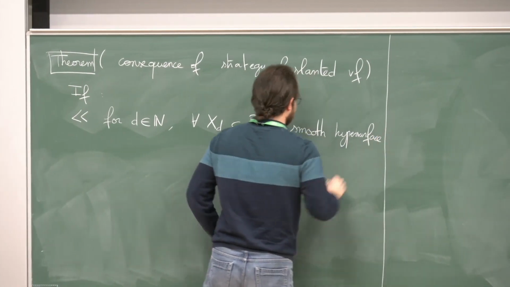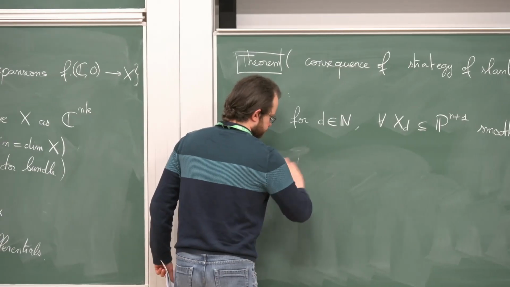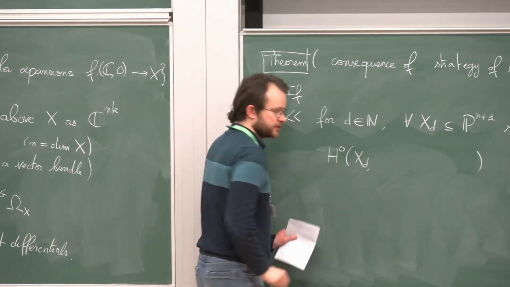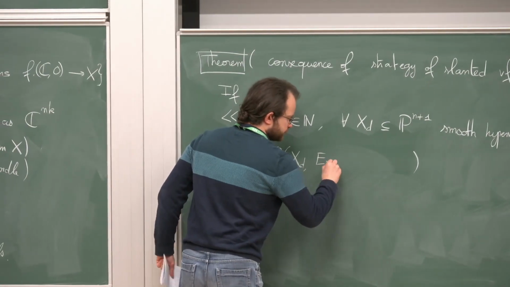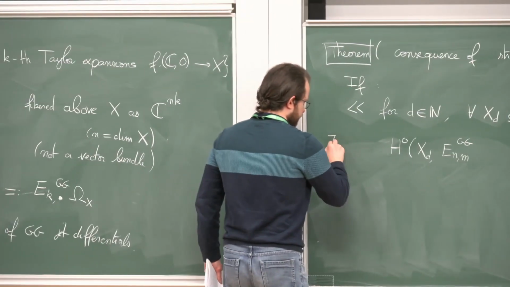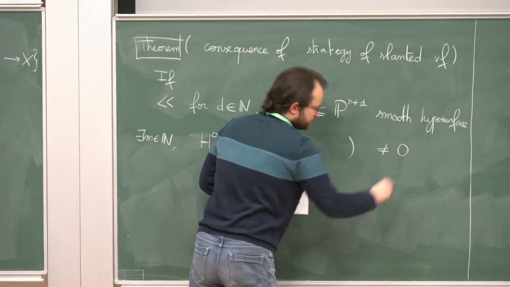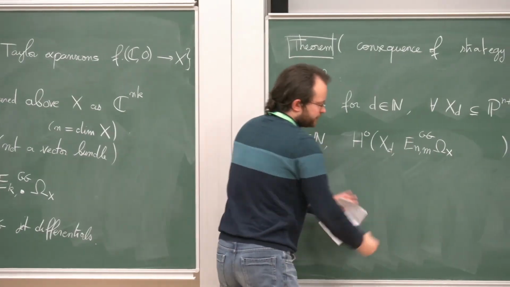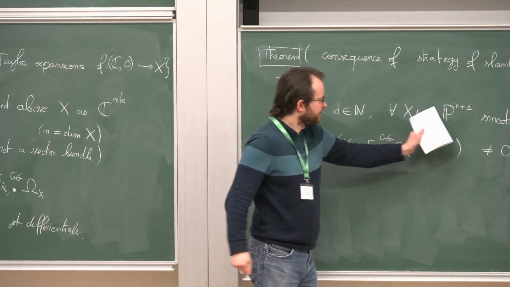So, say for all smooth hypersurfaces, we managed to prove that the H0 over the hypersurface of the Green-Griffiths jet differentials at order n and degree m, so for some m, is non-zero. Then the conclusion, in a minute I will write, is that we are able to prove Green-Griffiths for generic X_d in P^{n+1}.